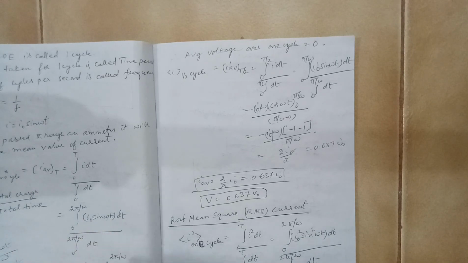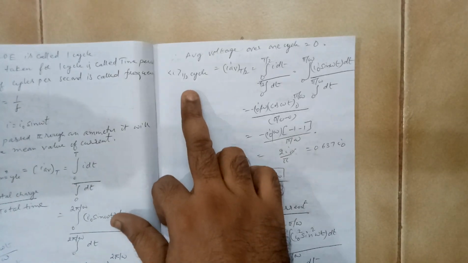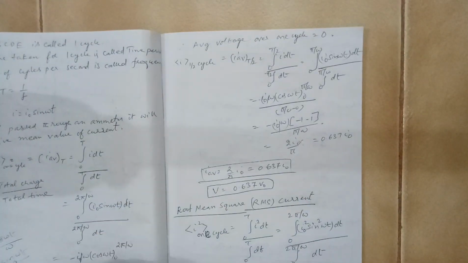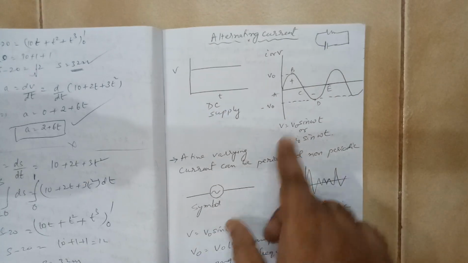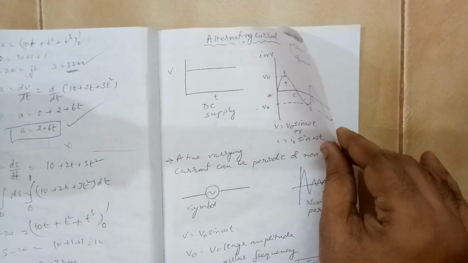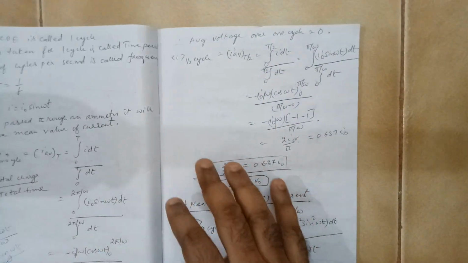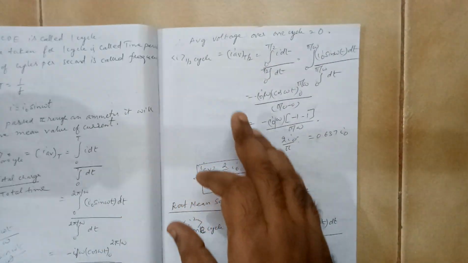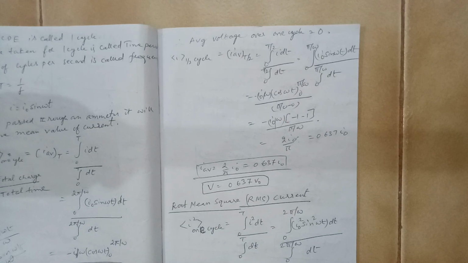So in order to understand the thing, normally what they do is they take a half cycle. Half cycle means only this positive part or only this negative part of one cycle. So here also, if you want to find the average current, you have to take the total charge for half the time period.